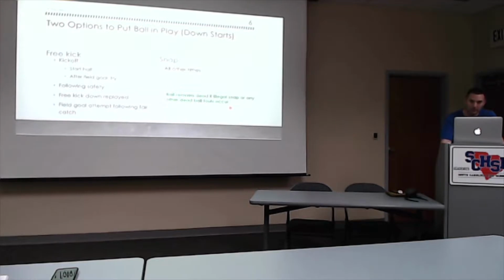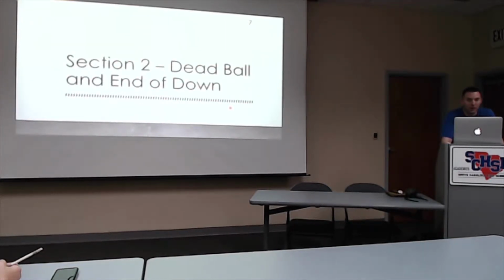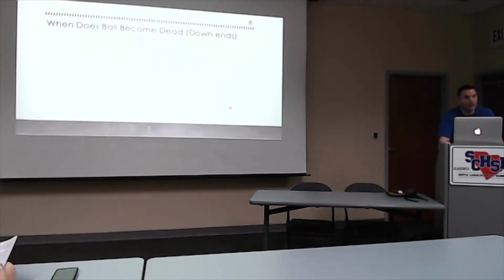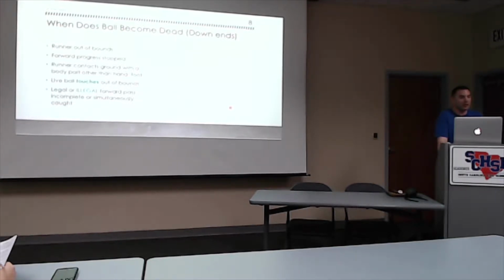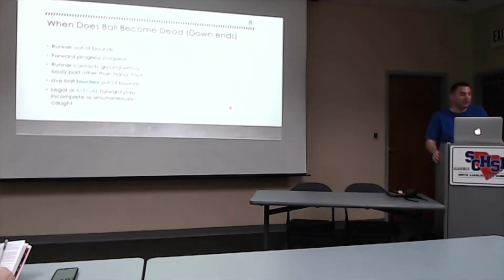Pretty simple. Section 2 is dead ball and the end of the down. So we put the ball in play using one of those 2 scenarios, and now we have the ball becoming dead. So when does the down end? I.e., when does the ball become dead? Well, we got when the runner goes out of bounds, we got forward progress stopped, the runner contacts the ground with a body part other than their hand or foot, a live ball touches out of bounds, a legal or illegal forward pass is incomplete or simultaneously called.